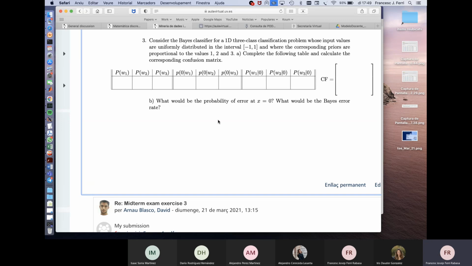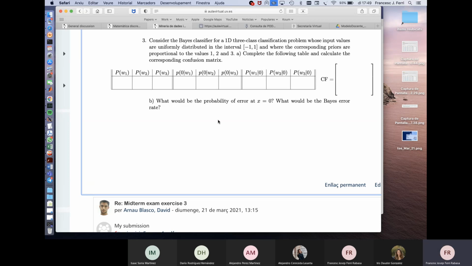This is the class conditional probability for each one of the classes. What is this? This is nothing but a weighted average of the conditionals.